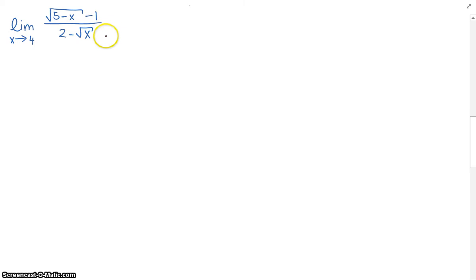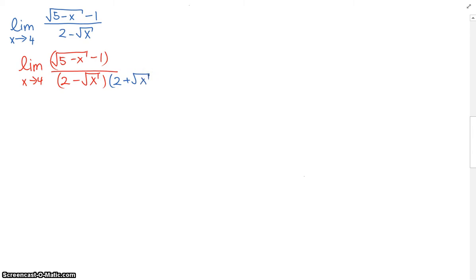In this particular case, we're going to set this up. We can do it either in 2 steps or you can do it in 1 step. So the first thing I'm going to do is multiply by the conjugate of the denominator, to top and bottom.